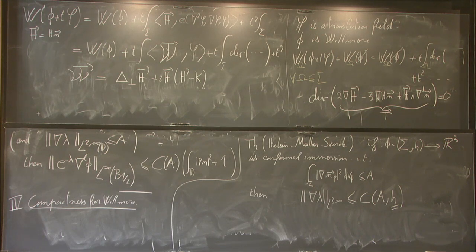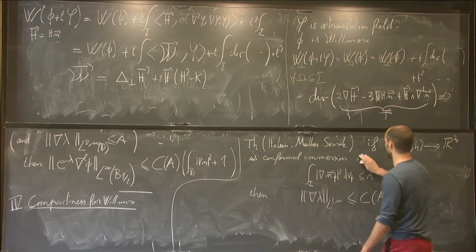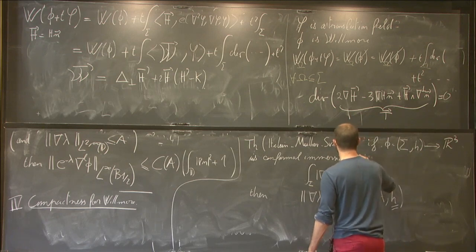The proof uses the Liouville equation: Laplace of lambda with respect to h equals exponential of 2 lambda times K phi minus K h. Oh, yes, sigma is closed in this case?